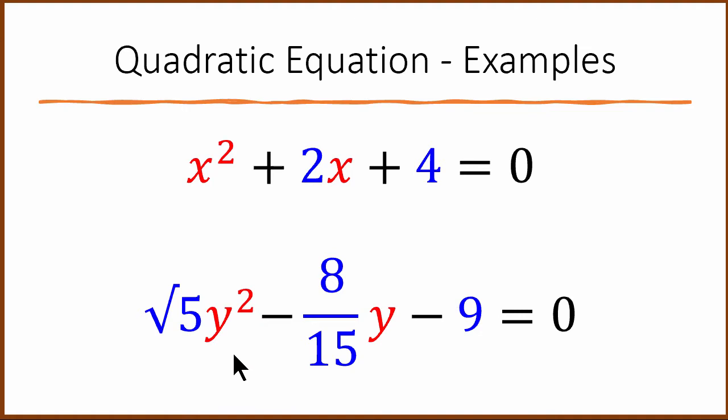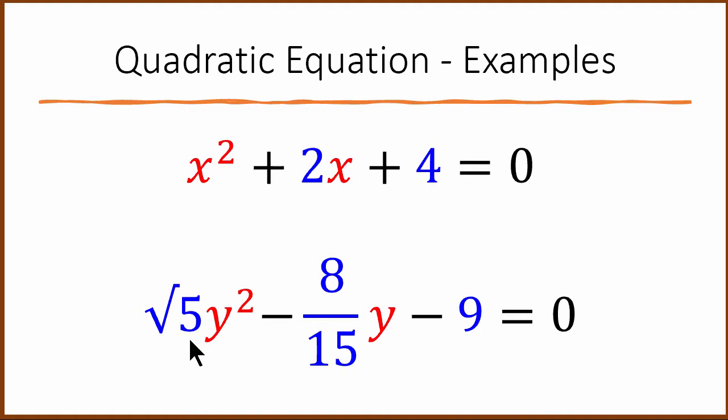Now let's look at the second equation. This is an interesting equation; I've chosen it specifically to show some key points. The first point is that the variable does not have to be x. It can be y, it can be z. As long as the variable is unknown, it does not matter. The second interesting thing is that the coefficients are not just integers.